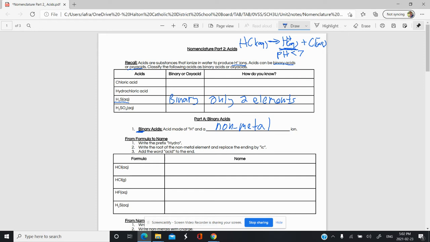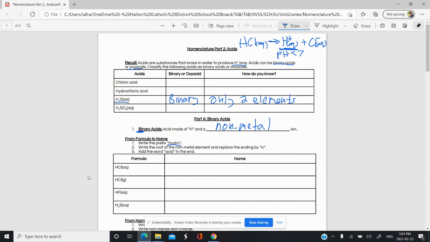Now, the name of a binary acid is always going to have the prefix hydro in the front. So if you don't see hydro in the front in its name, it's not a binary acid, it's the other acid called an oxyacid.